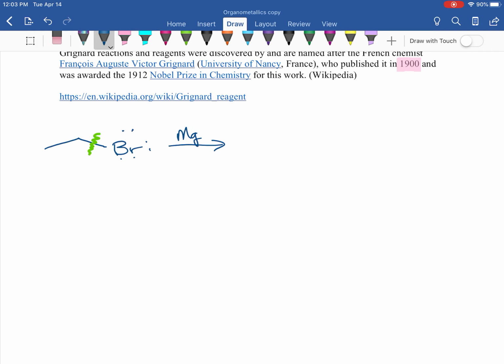This is not a polar or radical mechanism like we've been drawing for organic chemistry. This would be a complex. We'll do an insertion in here. This would be a completely different type of mechanism. So what we typically draw is that magnesium literally inserts itself right here in that bond. Now, this is what's given the term a Grignard reagent.